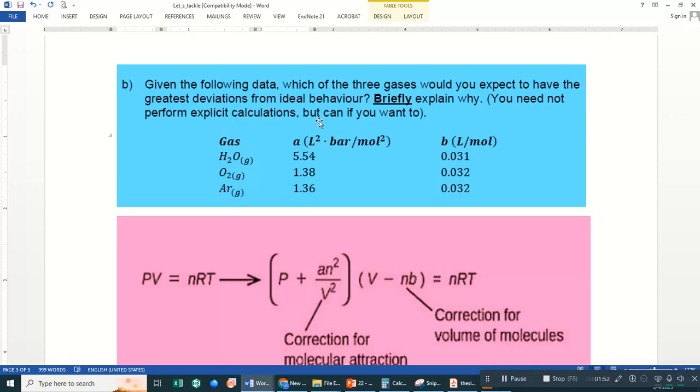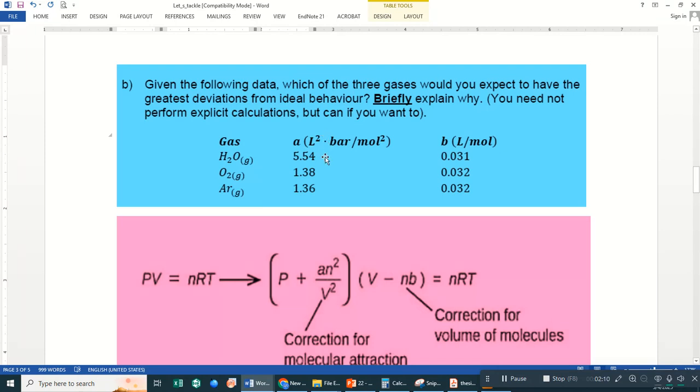If you have these two major concepts, you would easily solve this problem.